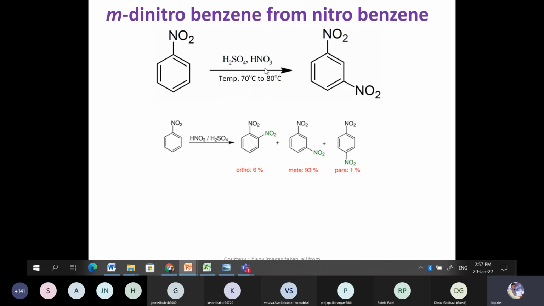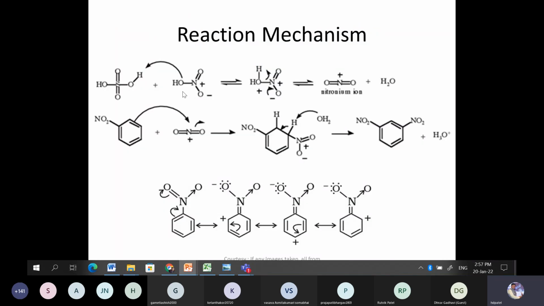Now, as per the mechanism, what happens? First of all, as we have discussed, sulfuric acid reacts with HNO3 and converts it into H2O plus NO2+, and from this breaking of the bond we get the nitronium ion, which has a deficiency of electrons, so we can call it the electrophile.